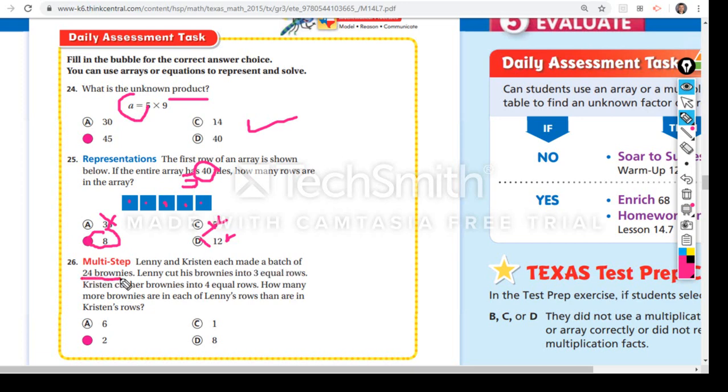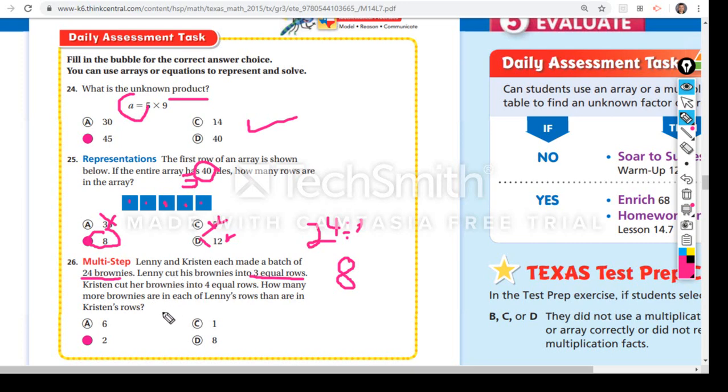Next one, Lenny and Kristen each made a batch of 24 brownies. Lenny cut his brownies into 3 equal rows, so 24 divided by 3 is what? Very good, Talim. It's 8. Kristen cut her brownies into 4 equal rows. How many more brownies are in each of Lenny's rows than are in Kristen's row?